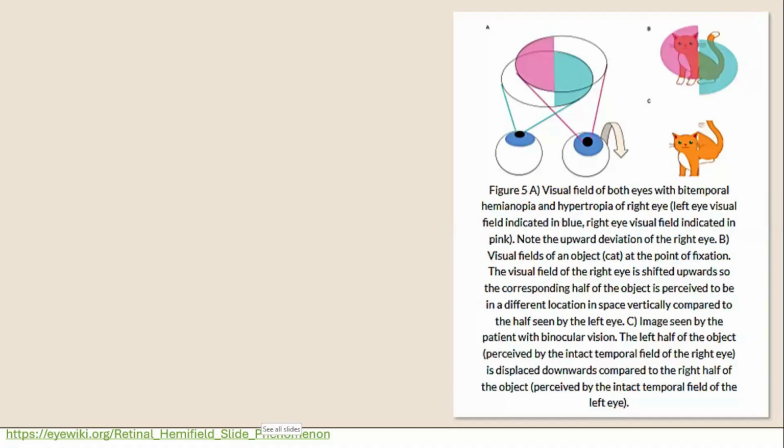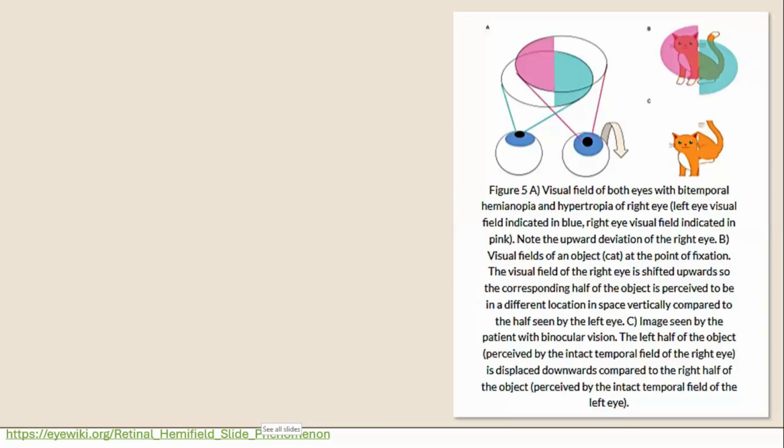Overall, this highlights how important intact visual fields are. Under normal binocular conditions with normal visual fields, there must be an overlap between the nasal field of one eye and the temporal field of the other eye. This is essential for maintaining single vision and preserving orthophoria, or at least keeping any latent phoria compensated.